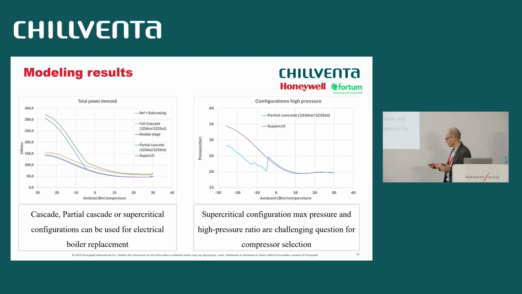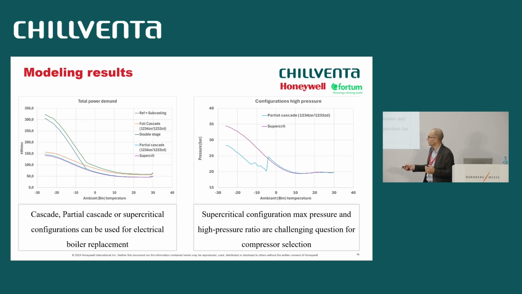If we go deeper into the results, you can see in this graph that we can get rid of the electrical boiler. We don't have all this electricity demand on the grid at very cold weather. So we can solve the problem by using this configuration.